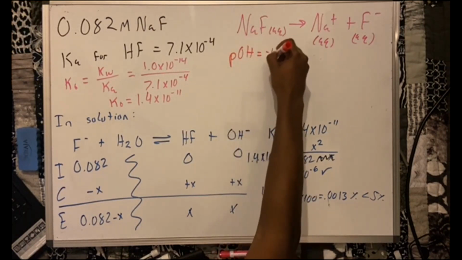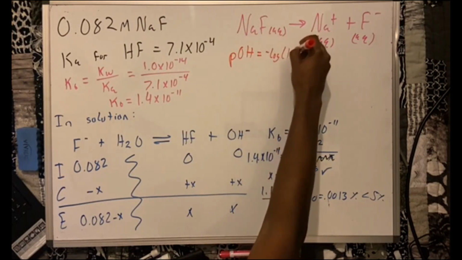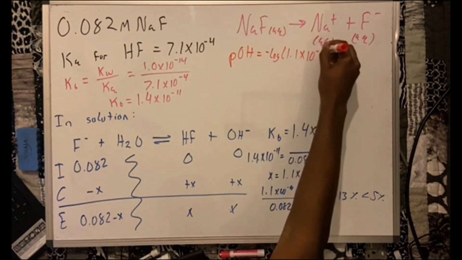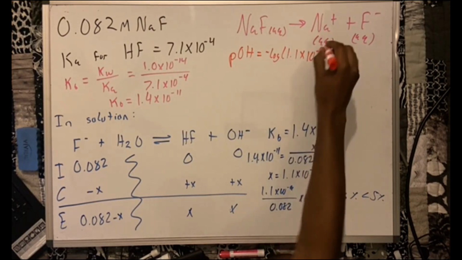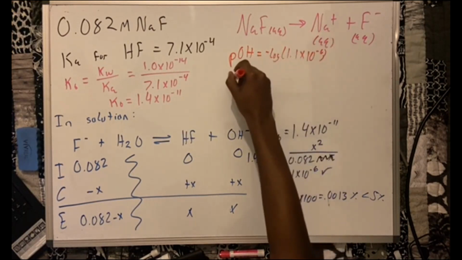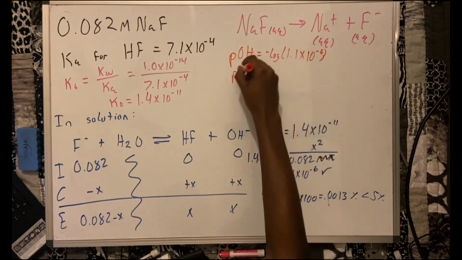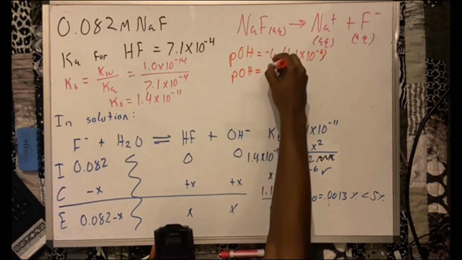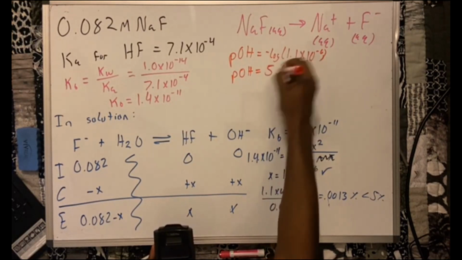So negative log of my 1.1 times 10 to the negative 6, or you could divide by Kw if you wanted to. So my pOH is 5.96.